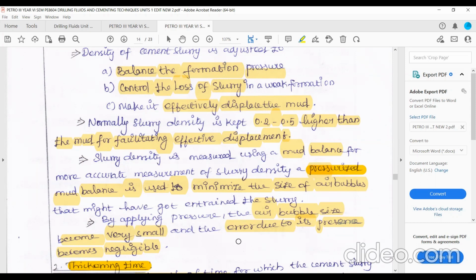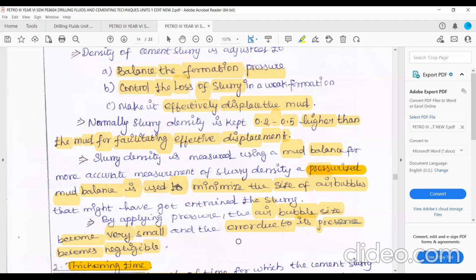The mud balance is a balancing rod. The cementing fluid is filled into the specific container cell of the mud balance, and the sliding bar on top of the roller is balanced properly at the fulcrum point. After pouring in the cementing fluid, you slide it. Where do you stop?